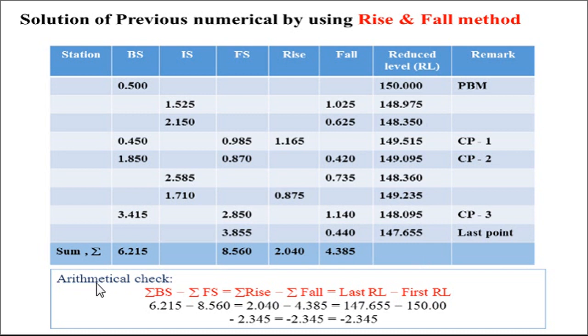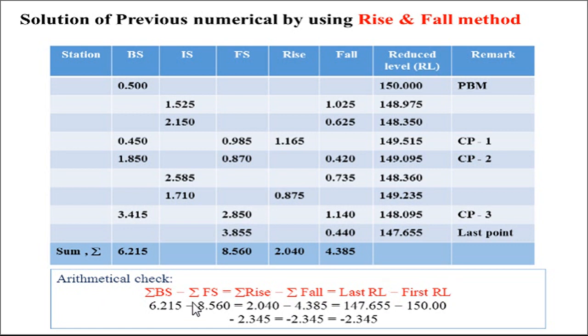Then we go for the arithmetic check: summation of BS minus summation of FS is equal to summation of rise minus summation of fall, which is equal to last reduced level minus first reduced level.